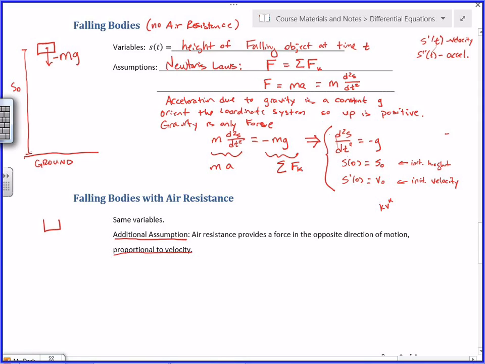So you've got an object above the ground, two forces now acting on it. First force, same force as before, negative mg. And now another force acting in the opposite direction, which is proportional to velocity. Did you say you're gonna model this one the opposite way? Sure, why not? I think, yeah, we'll do this to match what's in the book on this one. Oh, I just erased my box.